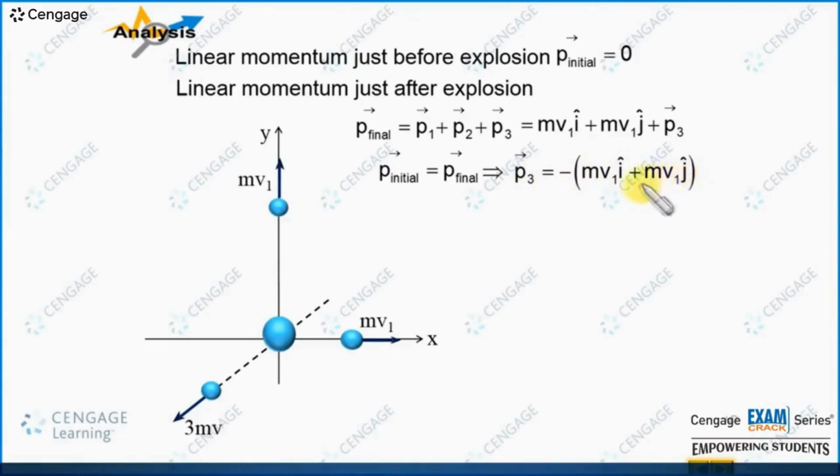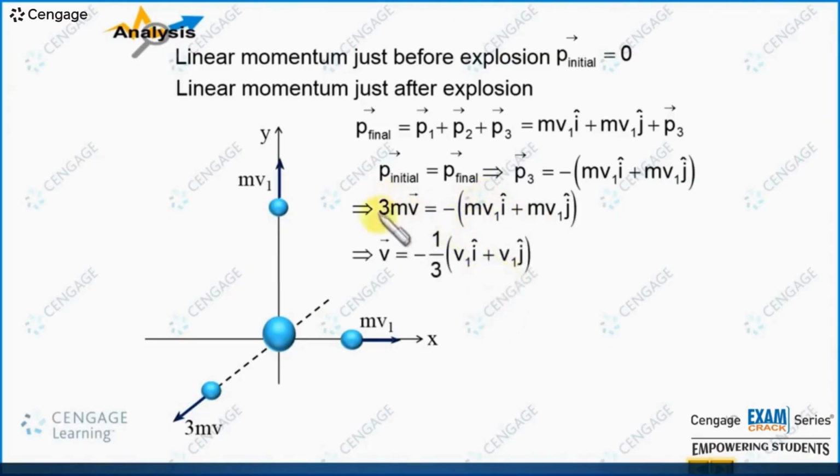Now we can rearrange this equation. We can write 3m v vector equal to this one. Now we can write the v vector, that is, the velocity of the third part, equal to minus 1 by 3 v1 i cap minus v1 j cap, right? m and m get cancelled.